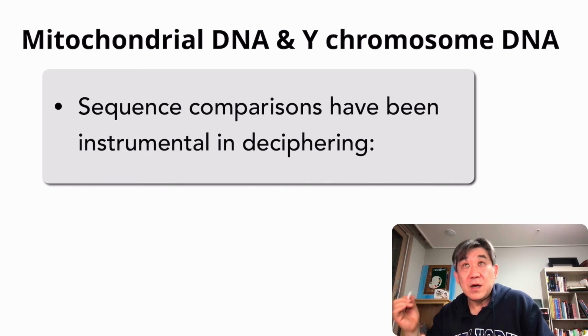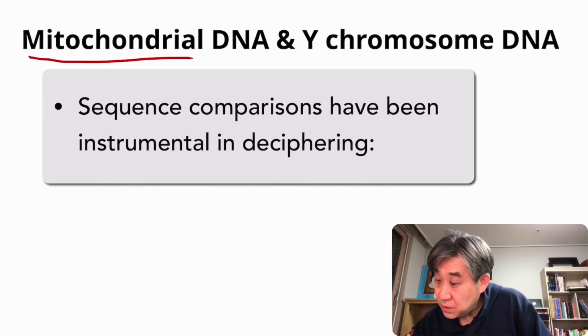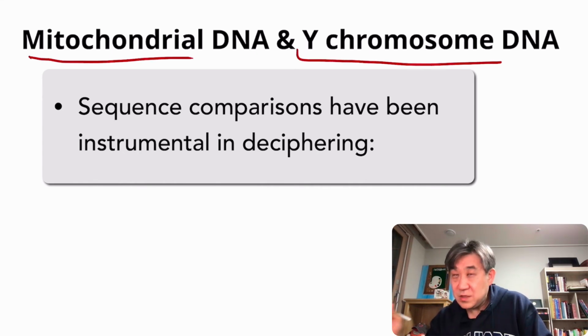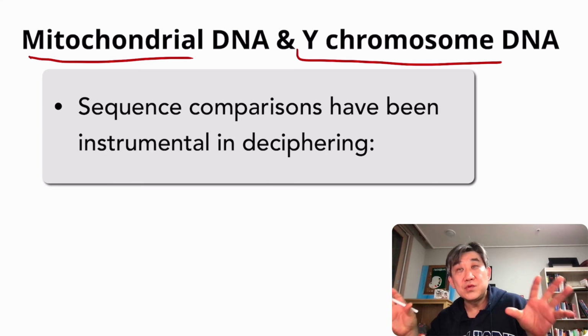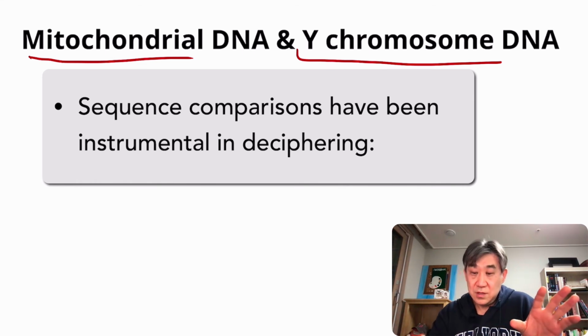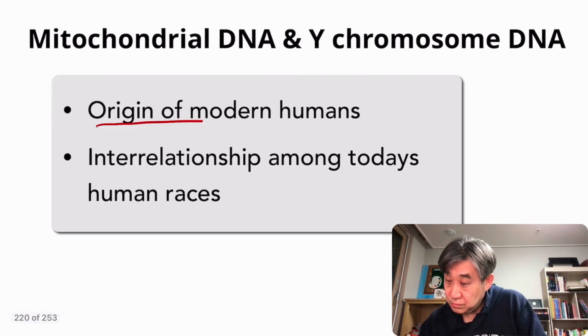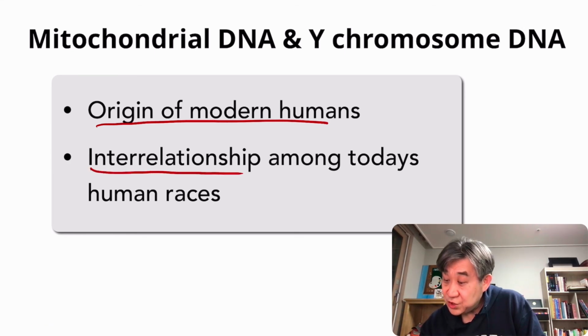In particular, the comparison of mitochondrial DNA and Y chromosomal DNA are the two very useful, instrumental tools in deciphering the relatedness, in particular modern humans' origin and their relative relationships.